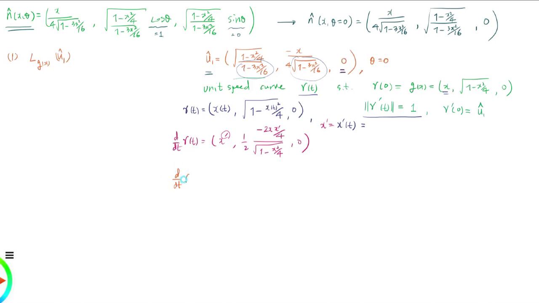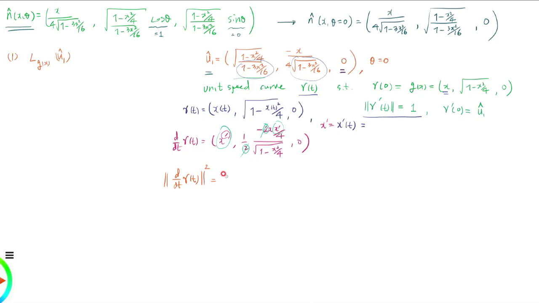We take the norm here of the t derivative of this gamma curve, and we'll have those twos cancelled out, and x prime is a common factor. Let me take a square first here.